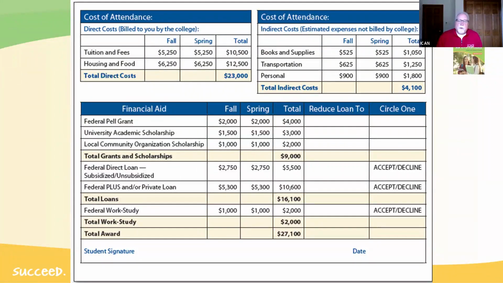So be sure to review these financial aid offers, examine them to see what's a grant, what needs to be paid back, what doesn't. They might even tell you what grants will be continued year after year, just to let you know. But that's what you look at is you take the direct costs, you subtract the grants and scholarships, and then you come up with what it's going to cost us out of pocket.